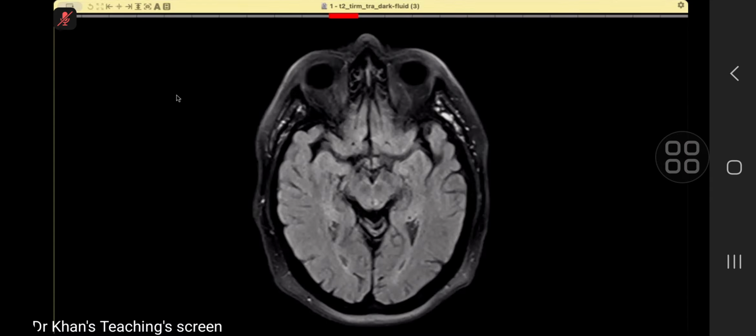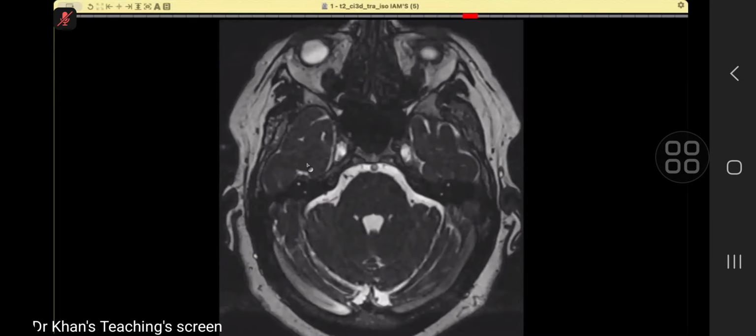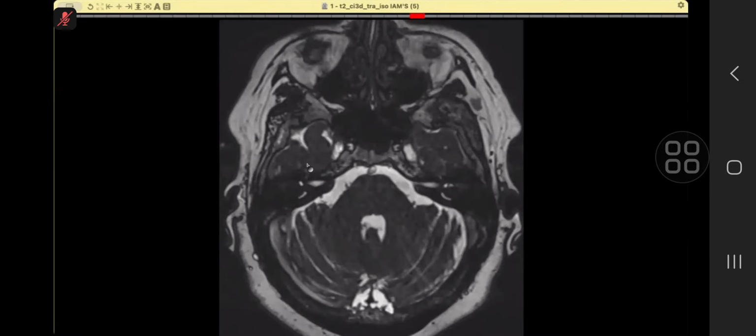So this patient, actually, let me just, because of time factor, I'll show one sequence myself and then I'll hand you over. This was an interesting presentation. This is a 71-year-old. The ENT asked for, the patient has got tinnitus left, classical.